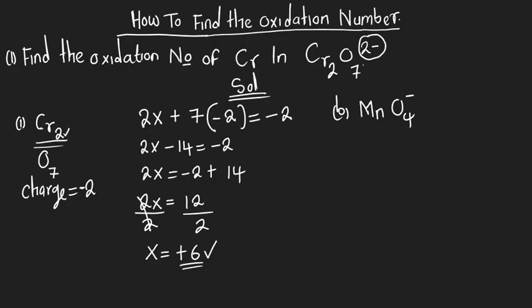This is a permanganate. We find the oxidation number of manganese. So let's ask ourselves, how many atoms of manganese do we have? 1. So what are we going to say?